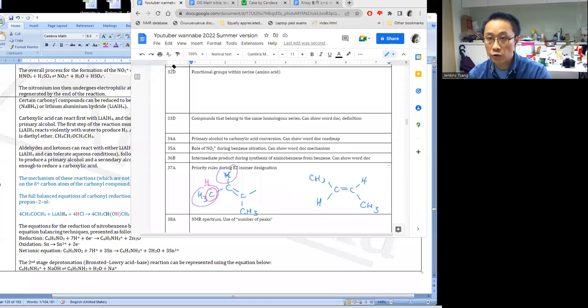So I'll just draw the C2H5 structure, which is like this. So the first atom does not settle any difference, but clearly the second atoms will, because for the C2H5 group, the first carbon is bonded to C, H, H, whereas for the CH3 group, the carbon is bonded to H, H, H. So the top definitely has a higher priority.